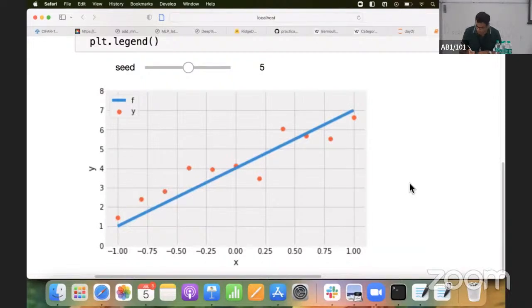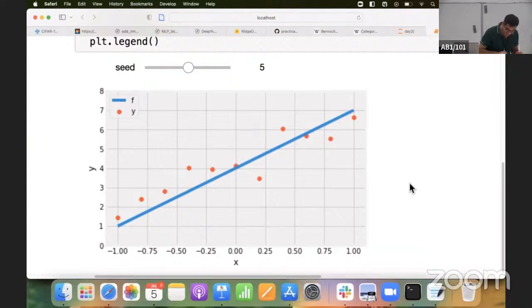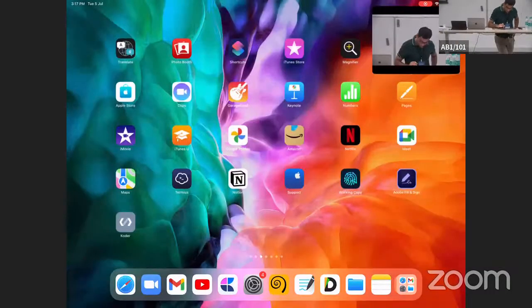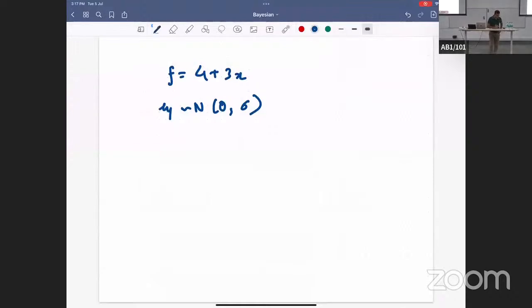F is equal to 4 plus 3x, and epsilon is normally distributed with mean 0 and variance sigma squared.